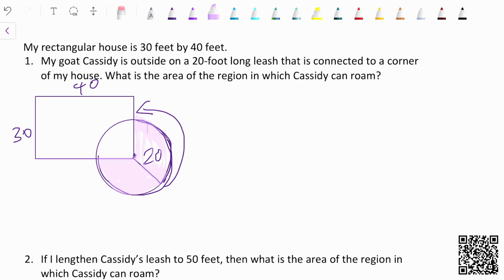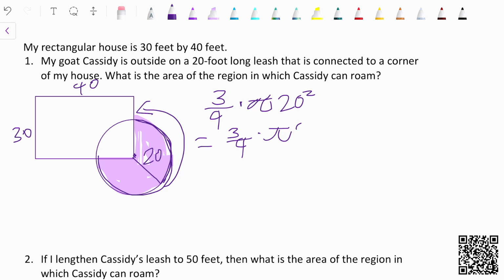Therefore, the formula for the area in which Cassidy can roam is 3/4 times pi r squared. Our r here is 20, so 20 squared is 400, so it's 3/4 times pi times 400. Combine the 400 and the 3/4, and you get 300 pi.